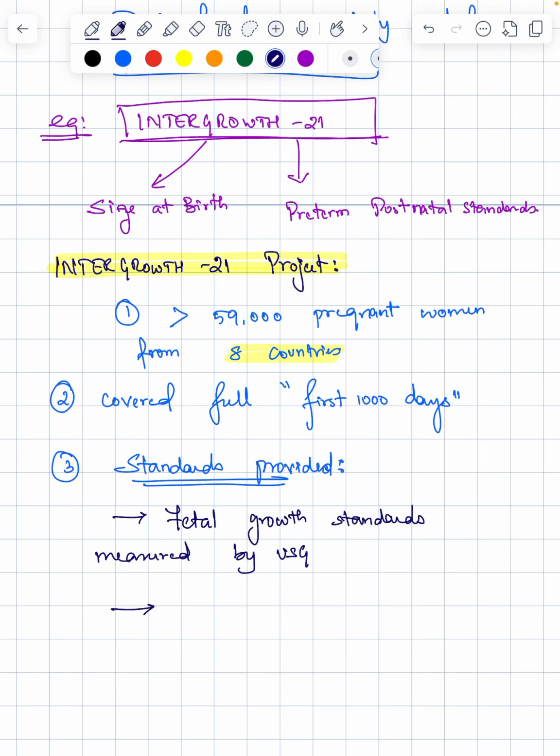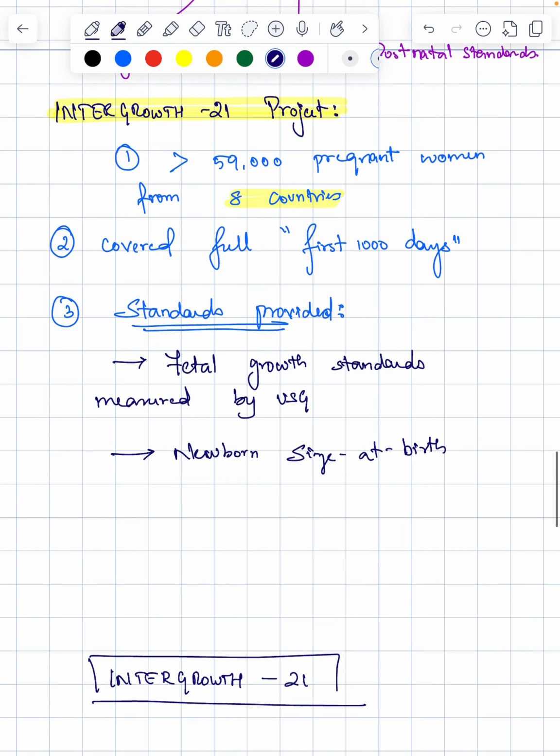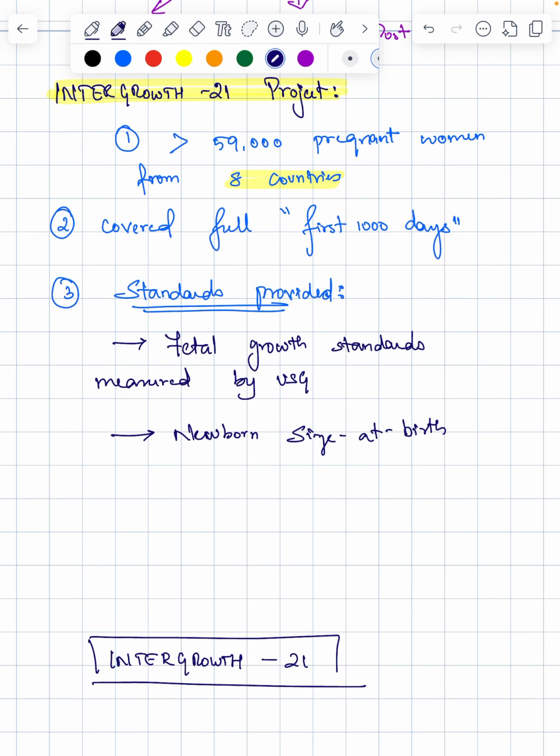Second is newborn size at birth, which is a separate growth chart that helps us to classify whether the child is SGA, AGA or LGA.